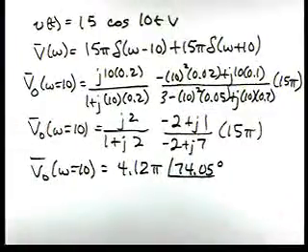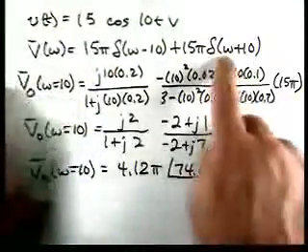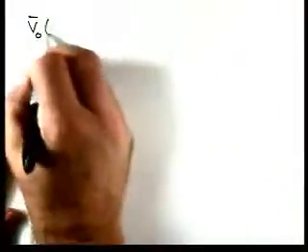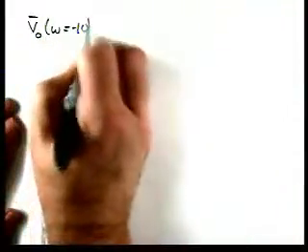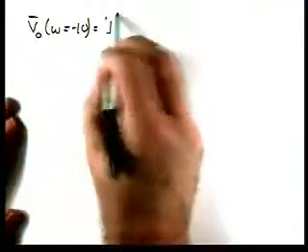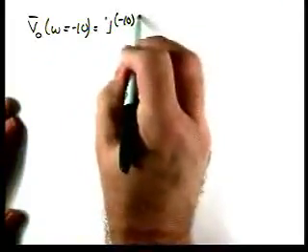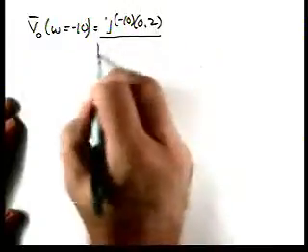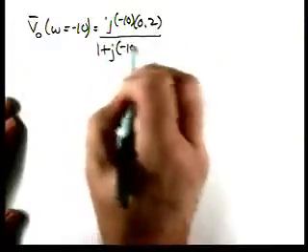Now that's only part. Now we also need to go in and evaluate at omega equal minus 10. That would be this term. So V0 at omega equal minus 10, we'd have j times minus 10 times 0.2 over 1 plus j times minus 10 times 0.2.